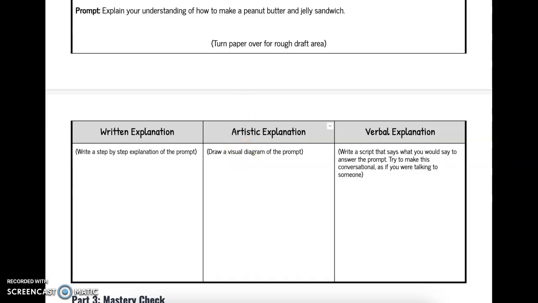Same prompt, artistically, how do you make a peanut butter and jelly sandwich? And then a verbal explanation. We're going to practice writing a short script that you would say to answer the prompt. This is going to be conversational, as if you're talking to someone. So it's going to be different than your written explanation because it will be like a conversation.